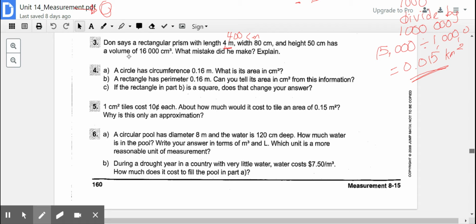So I've got 400 times 80 times 50. Okay, I'm going to use my calculator. I'm going to multiply 400 times 80 times 50.